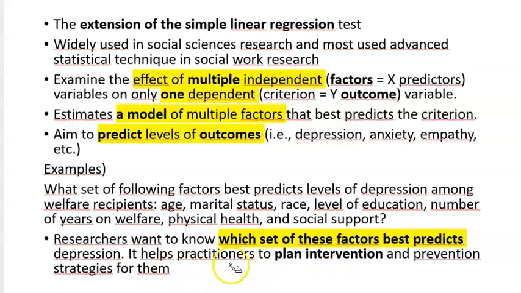So it helps practitioners plan intervention and prevention strategies. When you find the factor that best predicts depression, you can find the solution, or prepare your intervention to avoid depression.